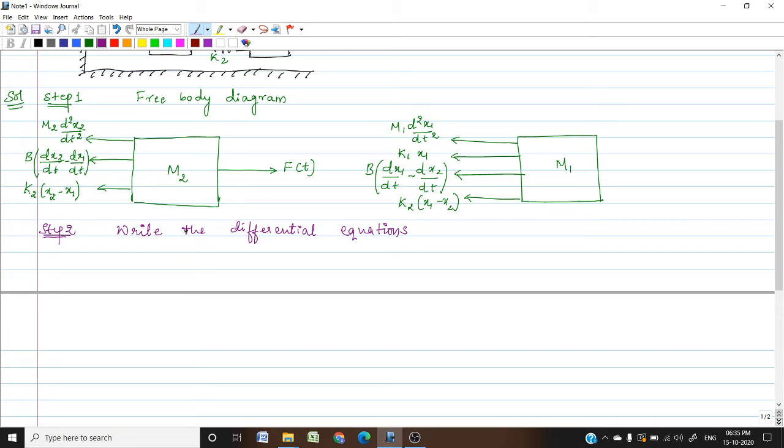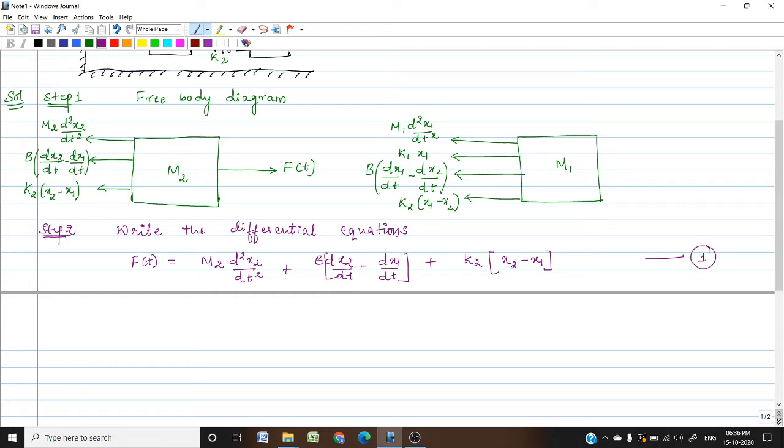Simple, based on the mechanics, f of t will be equal to m2 d square x2 by dt square plus b (dx2 by dt minus dx1 by dt) plus k2 (x2 minus x1). So this becomes my equation number 1.